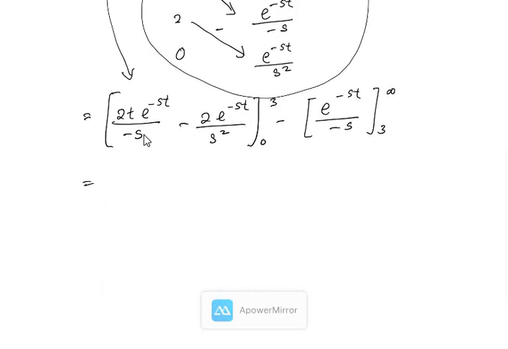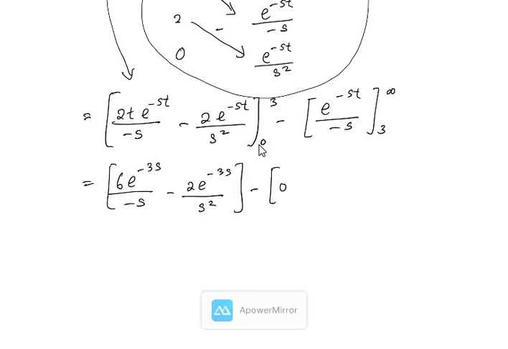So for the first part, I substitute the t with 3, and then minus 0. So I have 6 exponent minus 3s divided by negative s, minus 2 exponent negative 3s divided by s squared, minus 0 minus 2 over s squared. Exponent negative infinity divided by negative s plus exponent negative 3s divided by s.